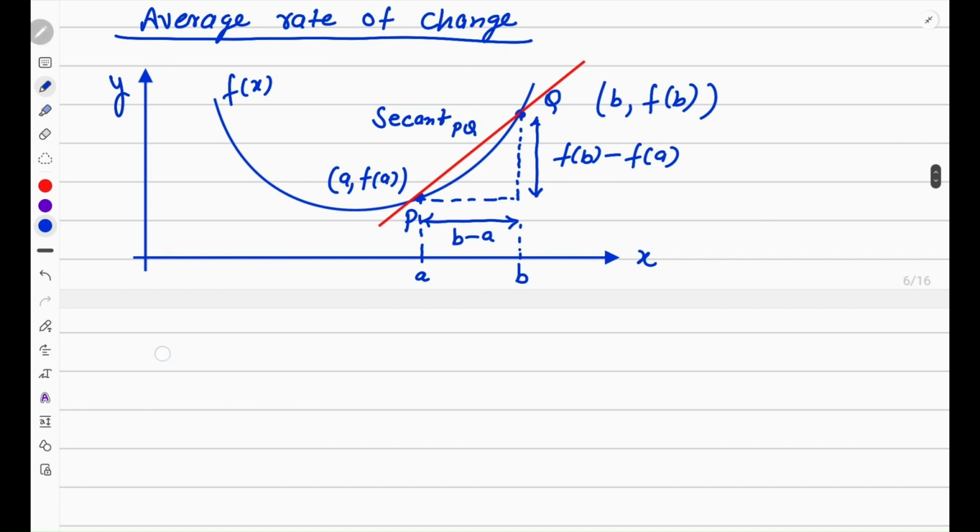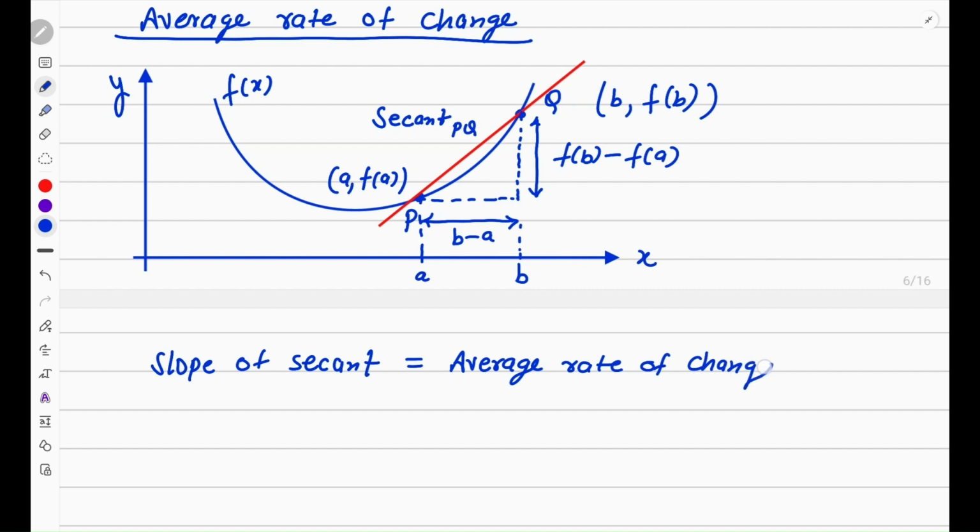So the slope of the secant represents the average rate of change, which is change in the y coordinate over change in the x coordinate.